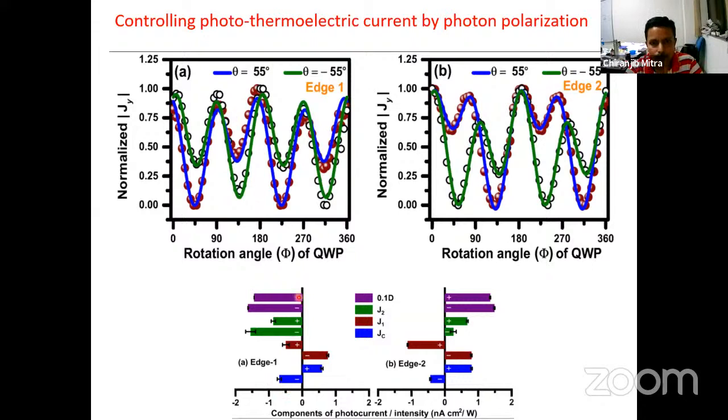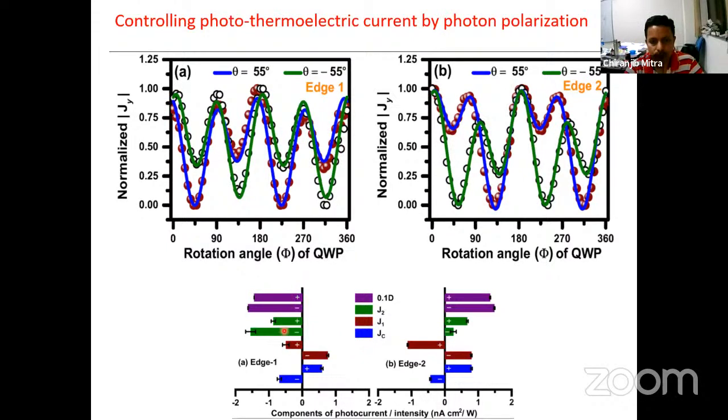So this is the plus theta 55, this is the minus theta 55. These are the corresponding fits, and we have scaled D by 0.1 because in this case the thermal EMF is quite high, since we are putting the beam at the edge. That's why it was scaled accordingly. And you can see that when we reverse the angles, J2 and JC, sorry, J1 and JC, actually reverse their signs.